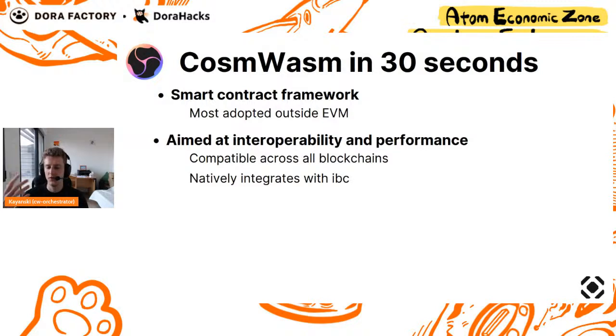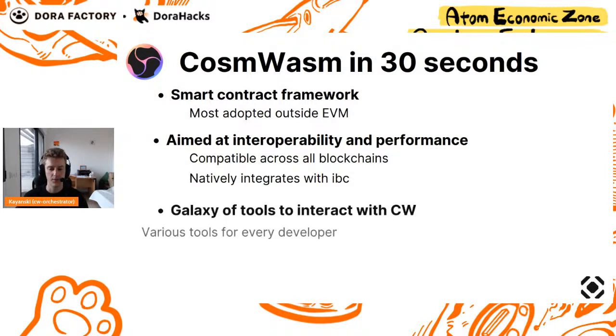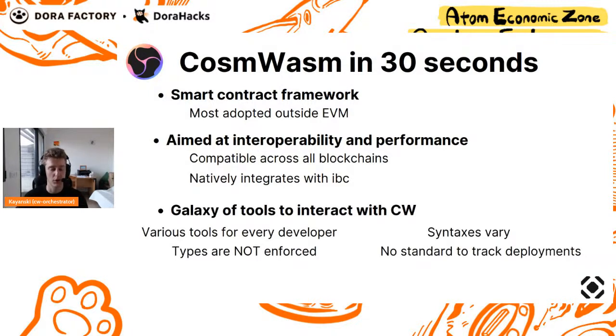If you go on their webpage, it's beautifully detailed, but their main focus is on interoperability and performance, which means having the ability to build smart contracts across all blockchains, and to communicate between blockchains using IBC and interchain tools. This is why it's the best smart contract framework outside EVM, and even counting EVM, but that's another subject.